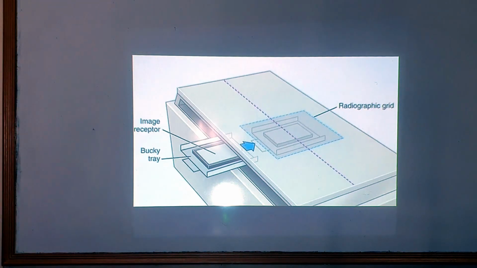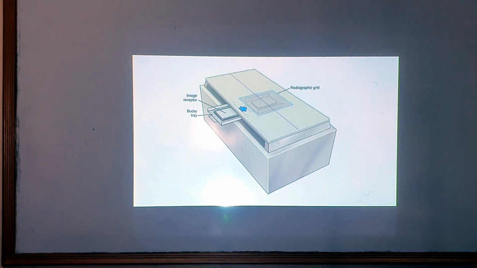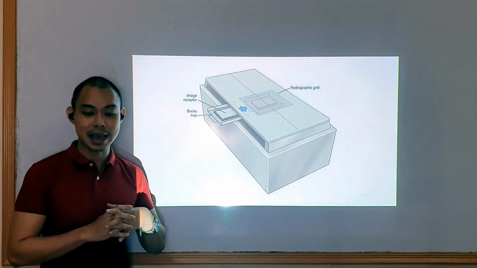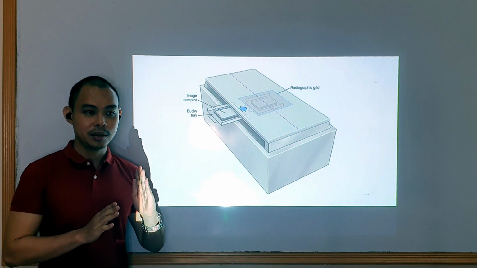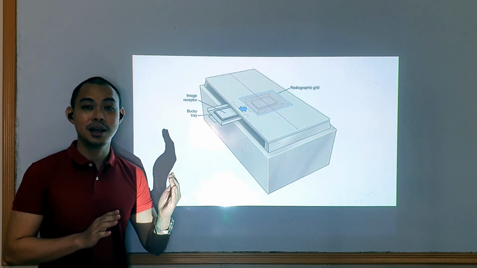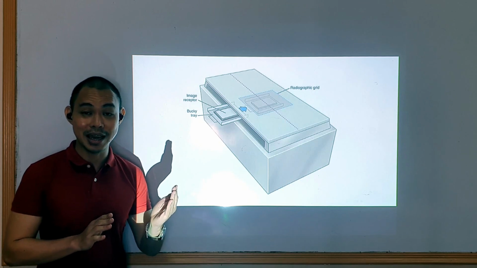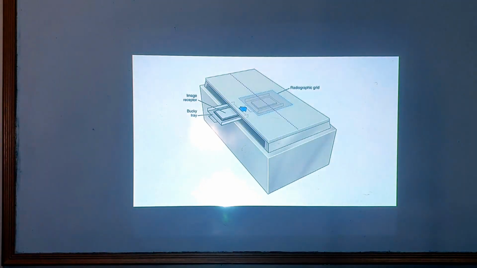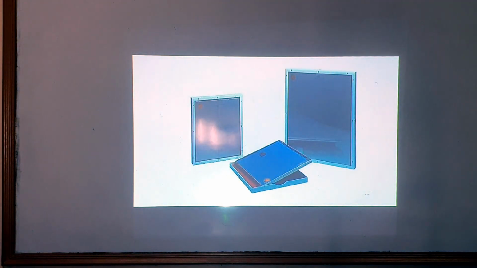And can you still recall when I told you that some of the grids have this example wherein the grid is going to be the casing of your cell phone and the cell phone is going to be your image receptor, because it looks like this. See?